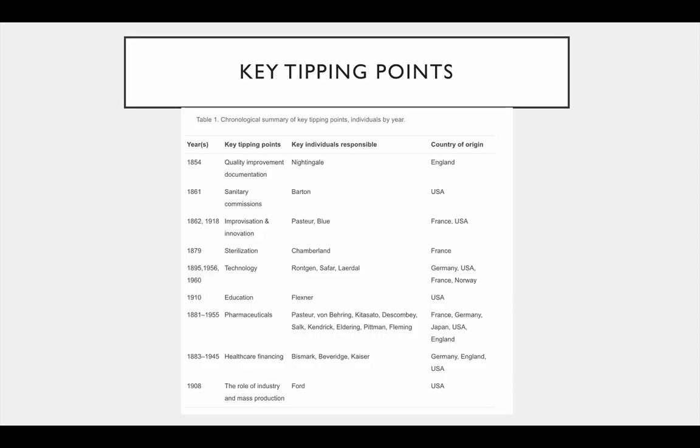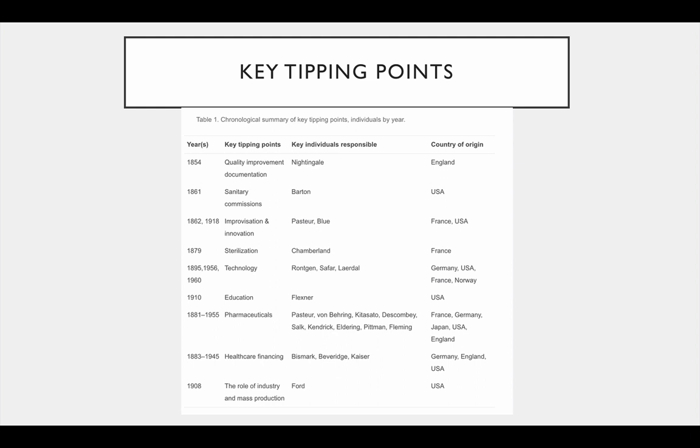Now, obviously, our population grew and there were significant changes, but the thing that really made the impact was hospitals became a place to get better. And a lot of that was due to not only changes in practice, but changes in policies. And I know this is probably a slide that's going to be a little hard to see, but it's in your book.